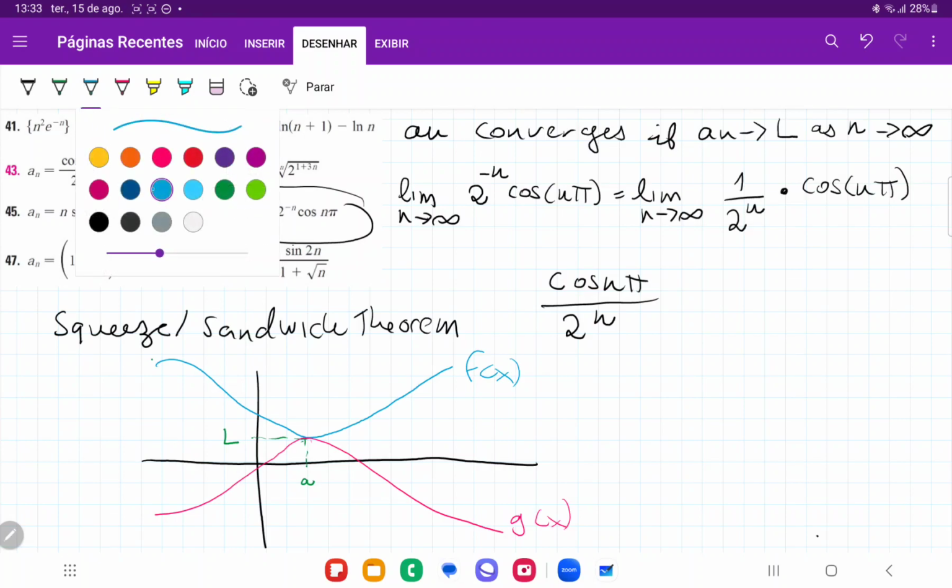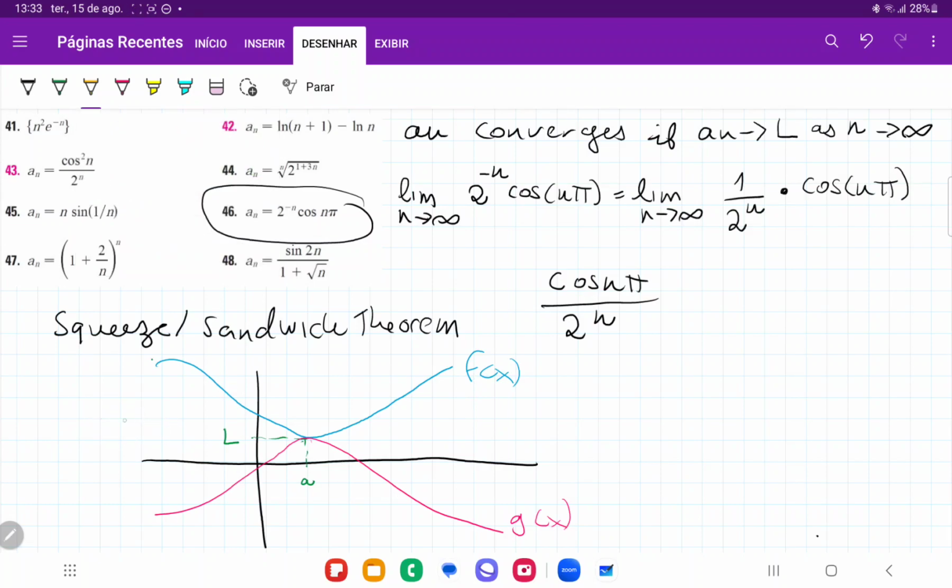Now, suppose that we also have another function that's between them.